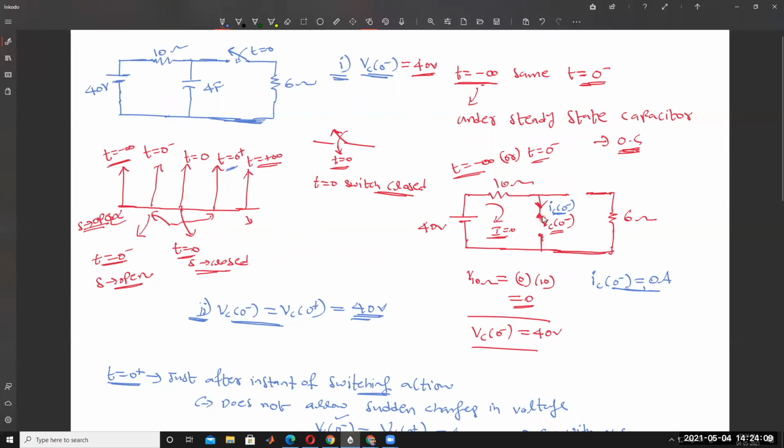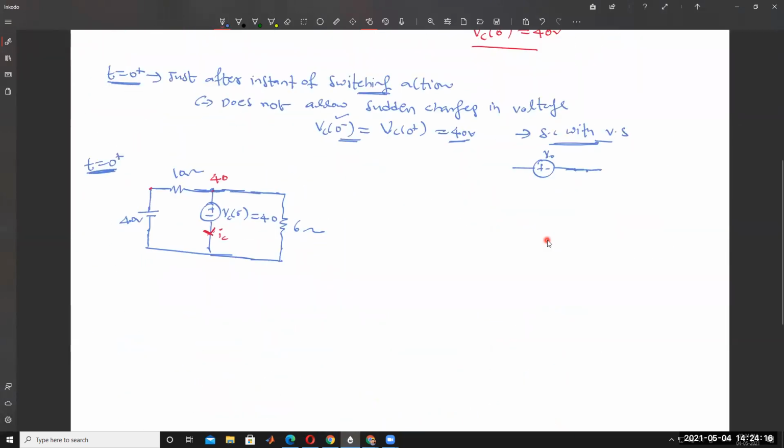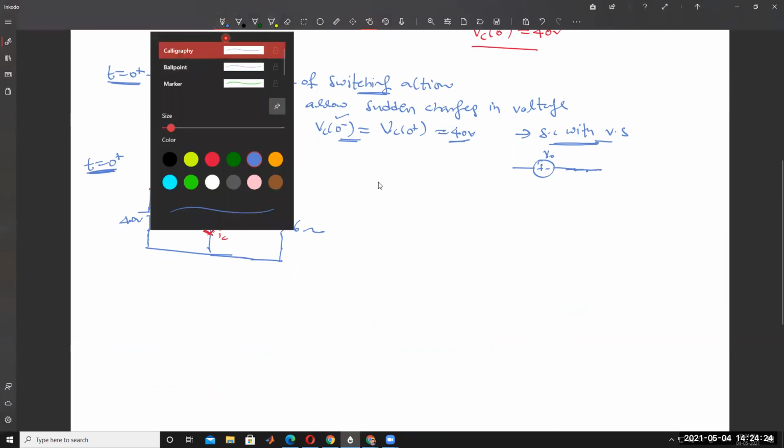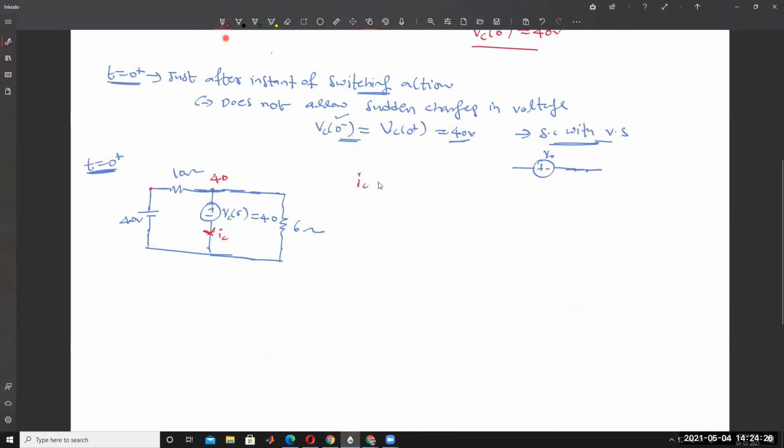It's acting as an open circuit, and there is no current flowing to the capacitor. That's why, third one, IC of 0 minus is equal to 0 amps.